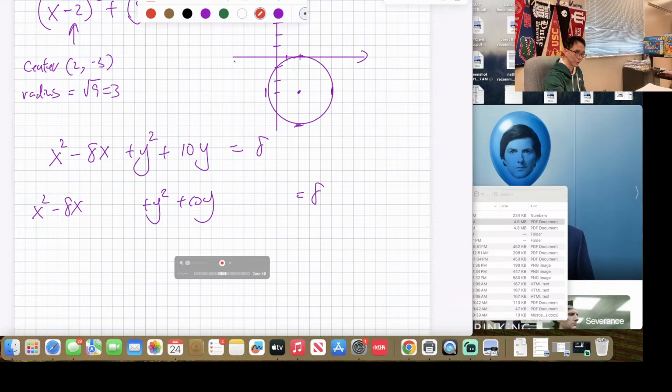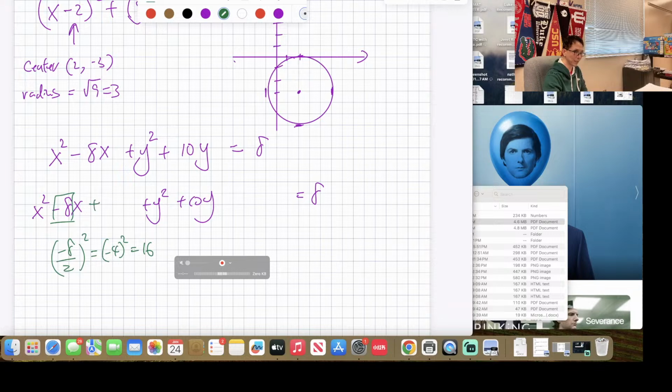So what you're going to do is take this negative 8 and divide it by 2, then square. Remember, at the beginning of the year, I asked you to complete the square. Take the middle, divide by 2, square. Do you remember that? That's equal to negative 4 squared, that's equal to 16. Is that okay?